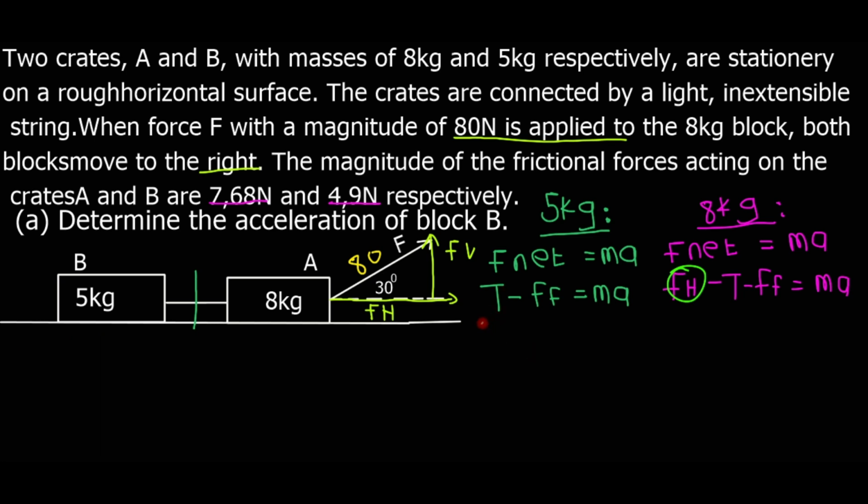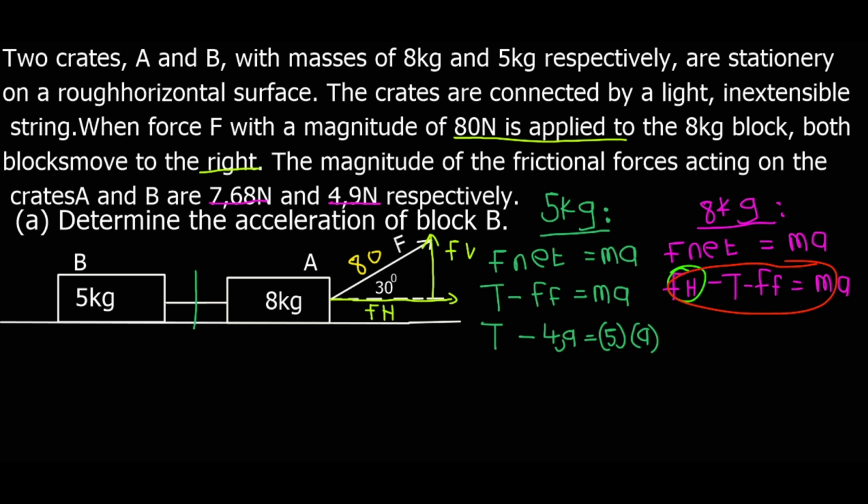So for the 5 kilograms, tension minus friction, where friction is given as 4.9, and the mass is 5, and we want the acceleration. Then let's substitute on this side.